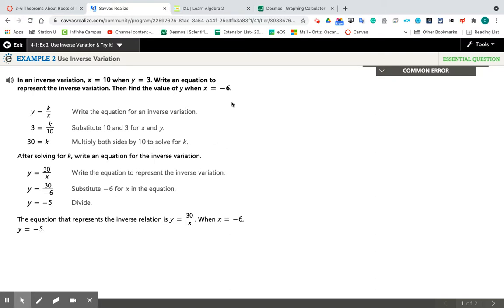I want to call your attention to the easy way to answer the question even without following this process: finding a number that times -6 equals 30, because we know that 10 times 3 is 30. We know that all multiplication should be 30. So if we just divide 30 by -6, we will get the other number, which is -5.